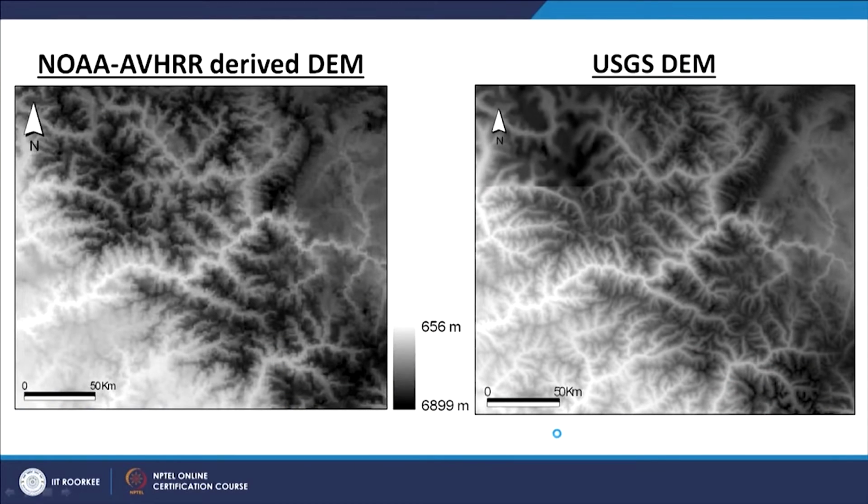On the left side, what you are seeing is a NOAA derived digital elevation model, and on the right side what you are seeing is the USGS DEM. Both have 1 kilometer resolution, and visually you would find that there is hardly any difference. But when we see statistically, there will be some. Since the minimum and maximum values come from the USGS DEM, both have the same minimum and maximum value, because using those values, the output has been rescaled.